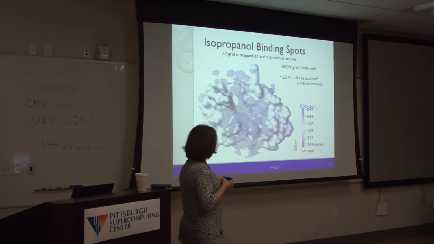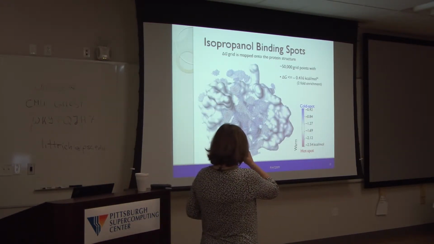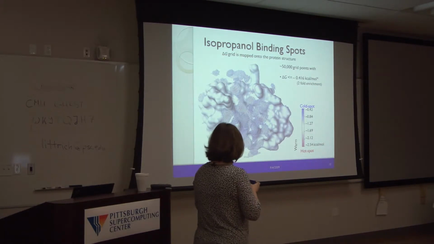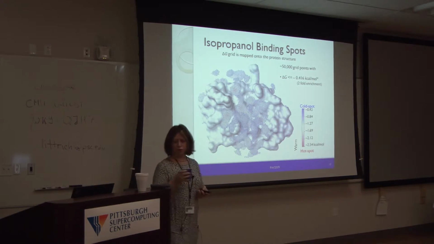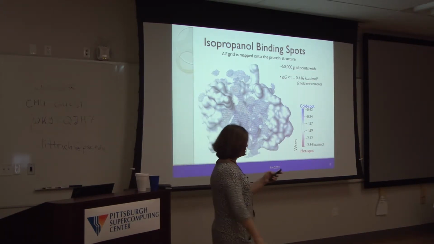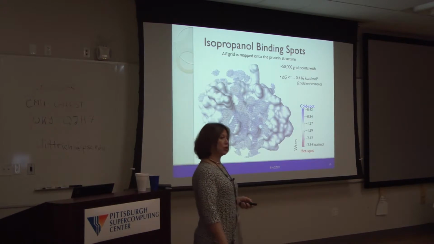Now what happens is the following, again, a little bit more details. The surface of your molecule, you just count the number of molecules in different grids. What you're doing is to have, let's say in this case, 50,000 grid points.